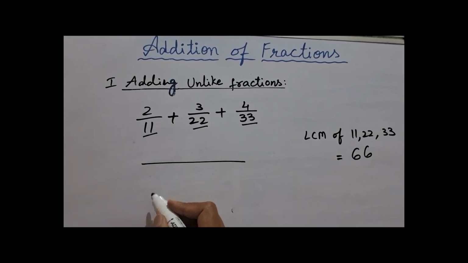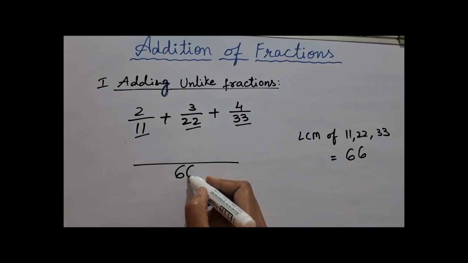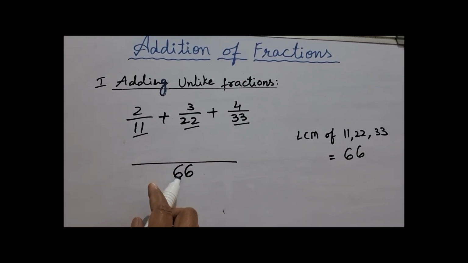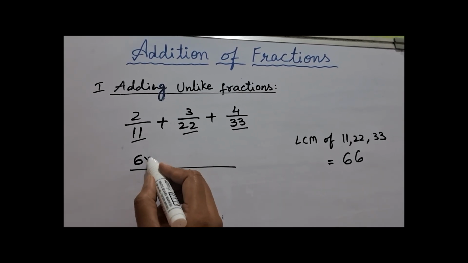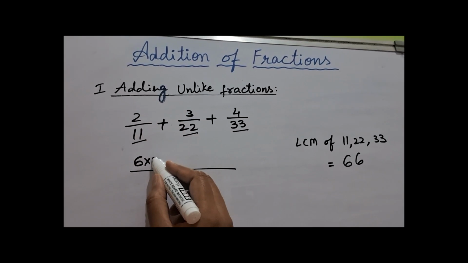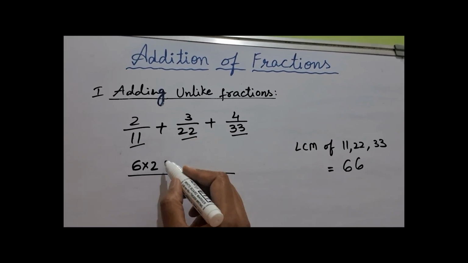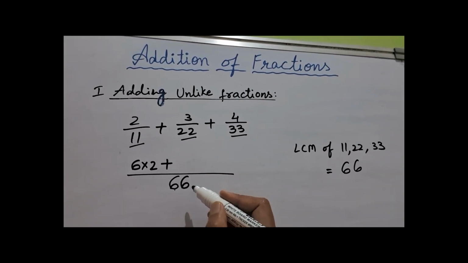Now we need to draw a bar like this, and the denominator will be the LCM 66. Now 11 sixes are 66. That 6 you need to write here, multiplied with that numerator. Now next, here plus is there, plus 22 threes are 66.